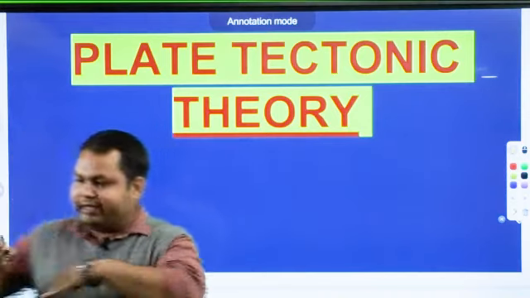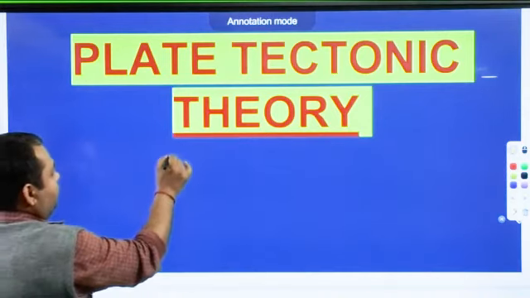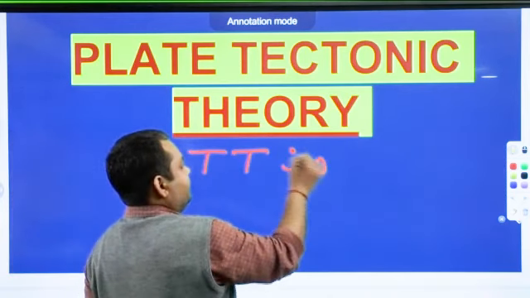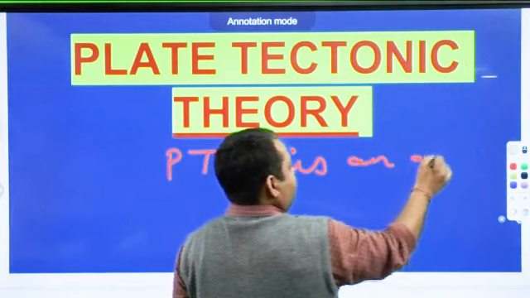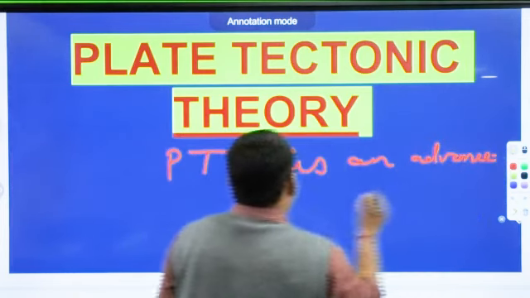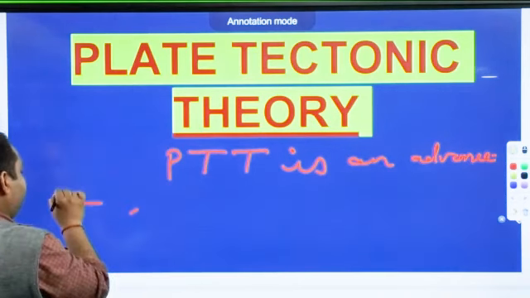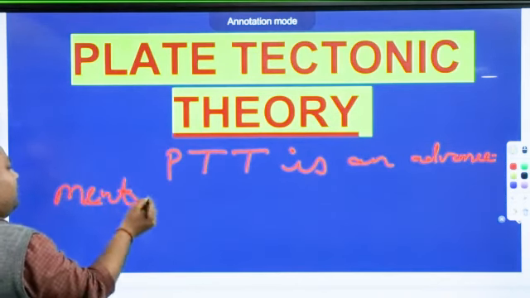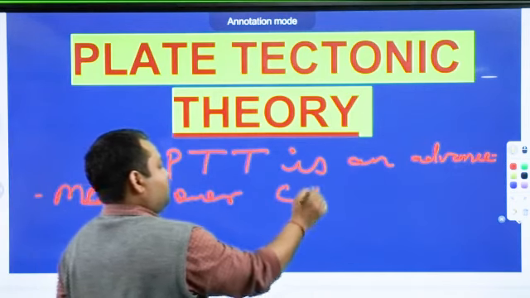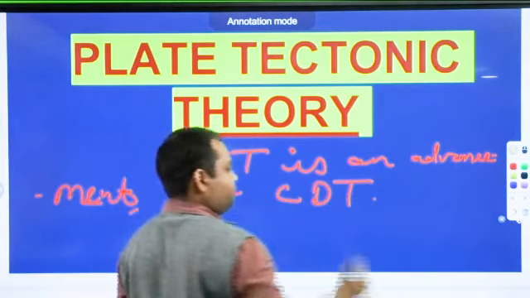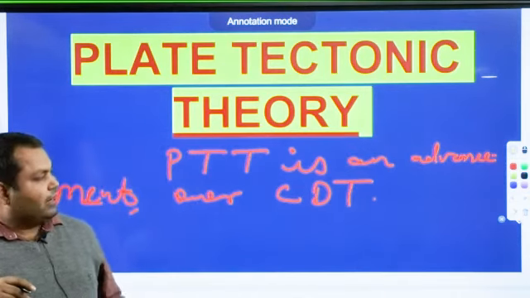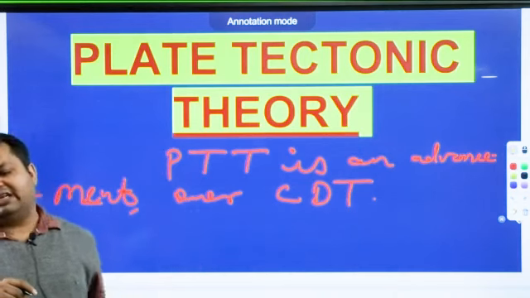Plate tectonic theory, PTT, is an advancement over continental drift theory. Why is this an advancement over continental drift theory?